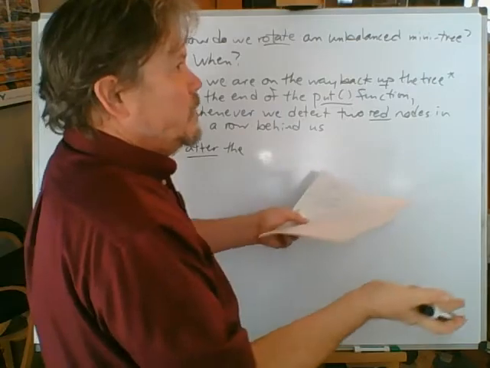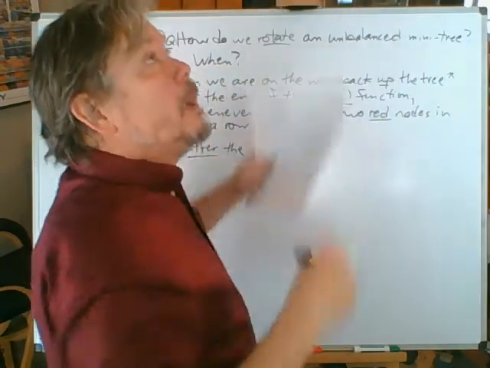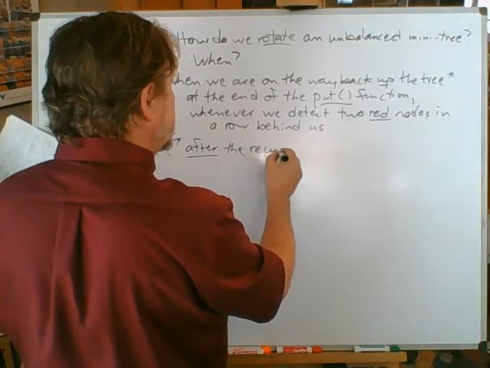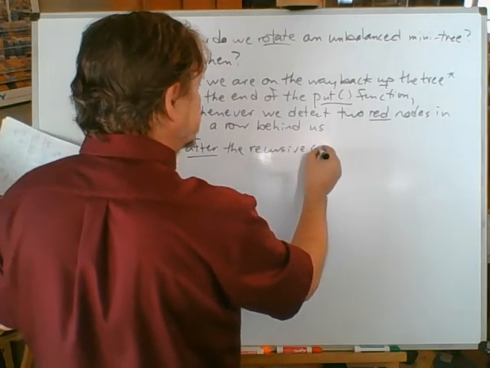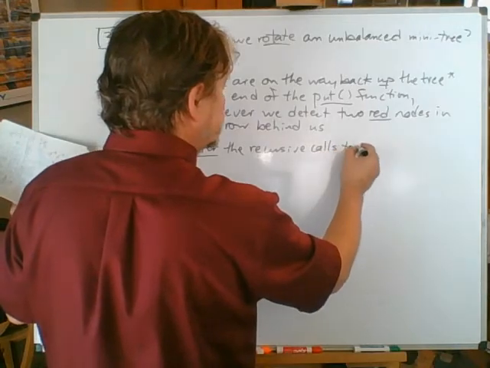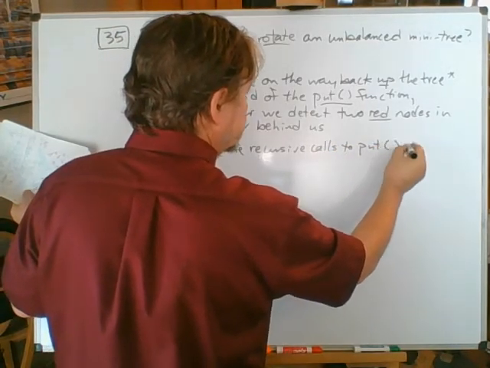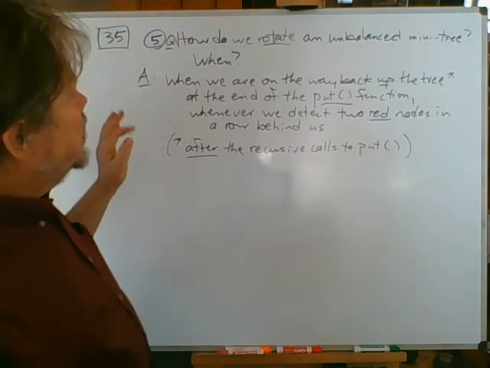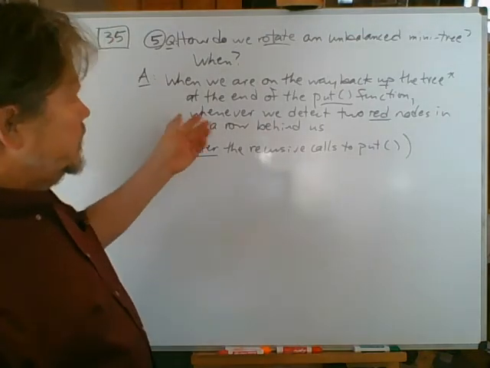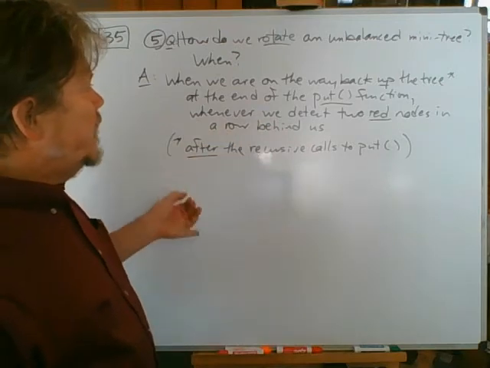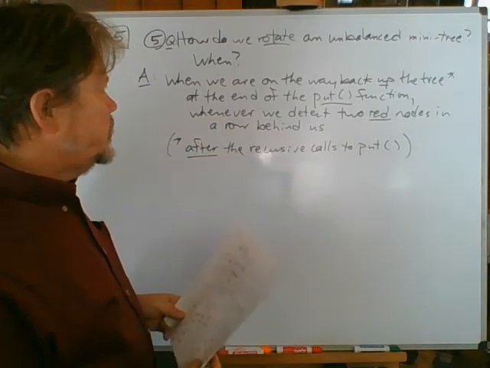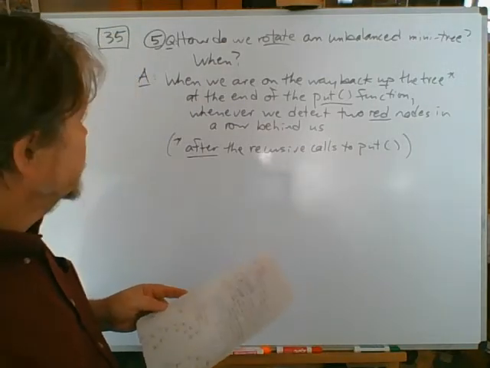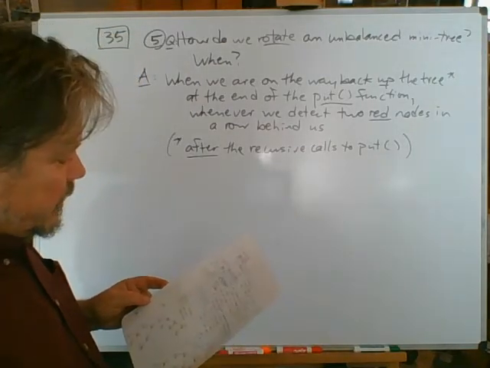That's when we're coming out of the recursion on our way back up to the public wrapper that's going to take us back up to the main program. After the recursive calls to put, now then, can I finish the sentence? When we are on the way back up the tree, which will be at the end of the put function, whenever we detect 2 red nodes in a row behind us. I don't know that I can put a double asterisk footnote on that to explain it any better.